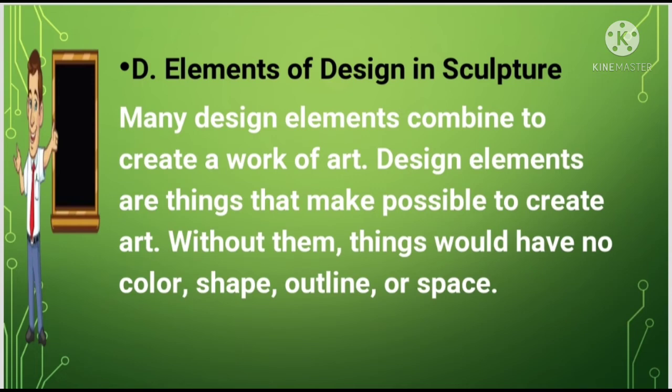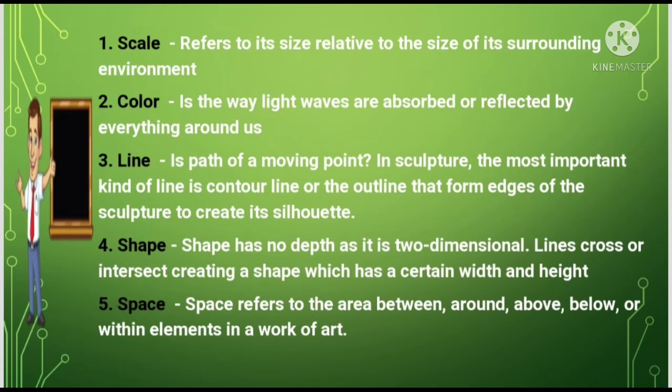So elements, we have number 1 here, the scale, which refers to its size relative to the size of its surrounding environment. Okay? Yung scale, yung size ng environment na dapat kumbinyente, eksakto, tamang-tama, parehas lang sa pagpo-portrait.